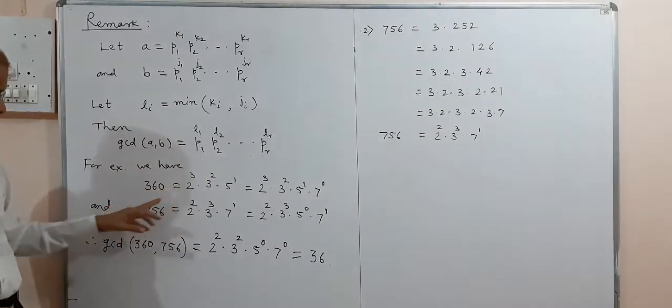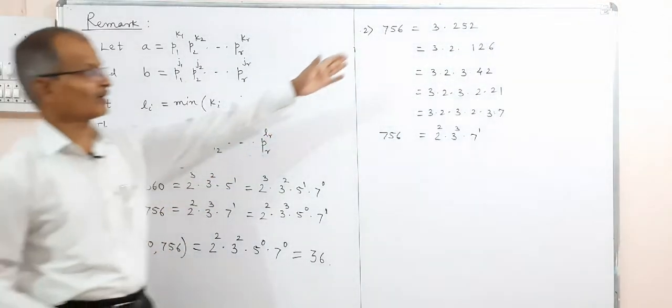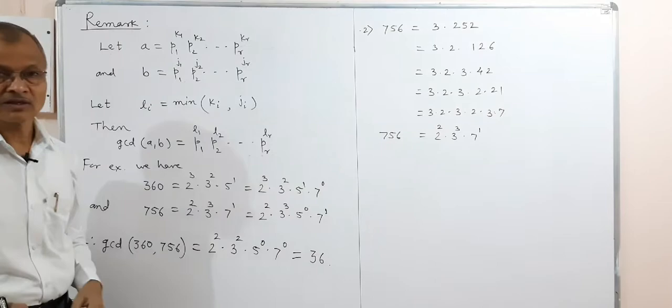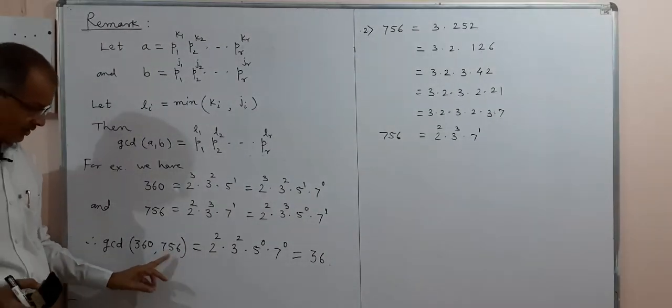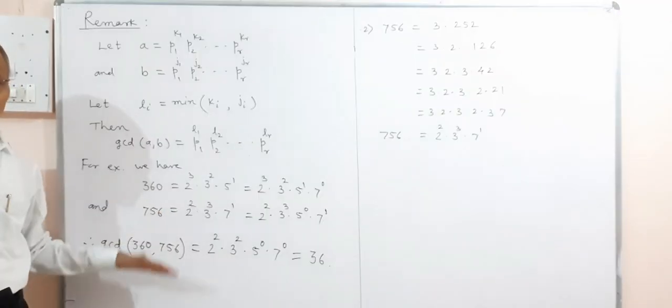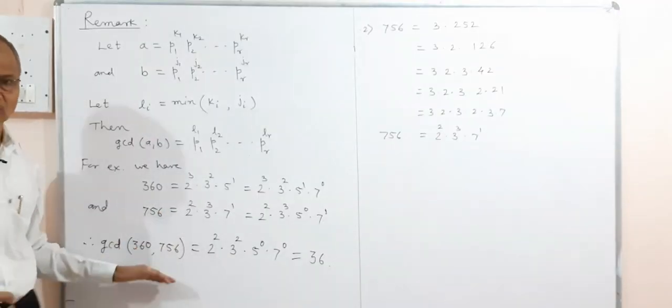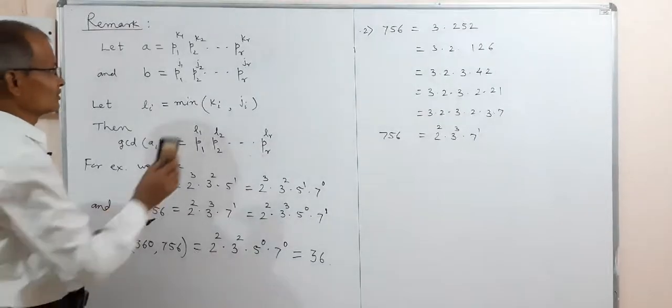These are not very big integers, therefore we have factored earlier. But for bigger integers we have to use the Euclidean algorithm. That means we divide the bigger number by the smaller, and then consider the same procedure. The last non-zero remainder is the greatest common divisor. So that procedure you should use.